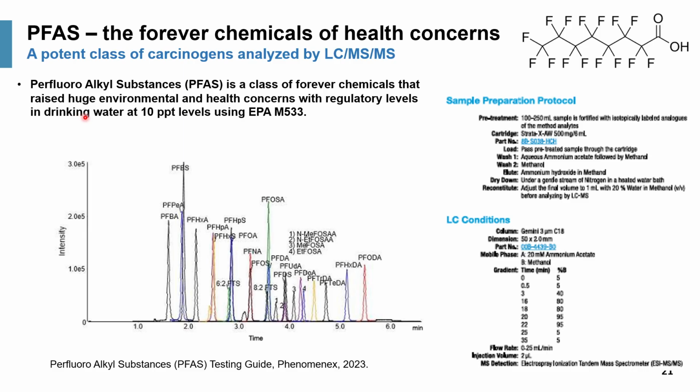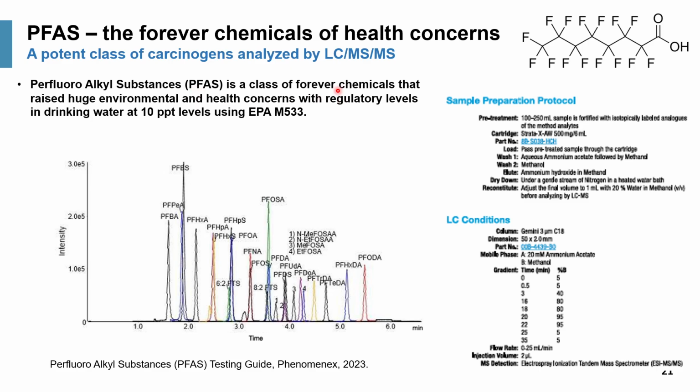Now the reason for high concern is that these were found in almost everybody because they are bioaccumulated, and a particular concern is some link to renal cancer and kidney cancer because they just get accumulated in those particular organs. So perfluoroalkyl substances are this class of compounds, right?